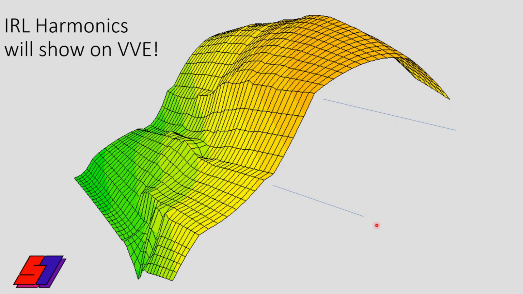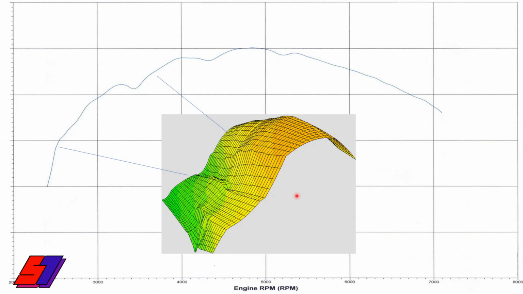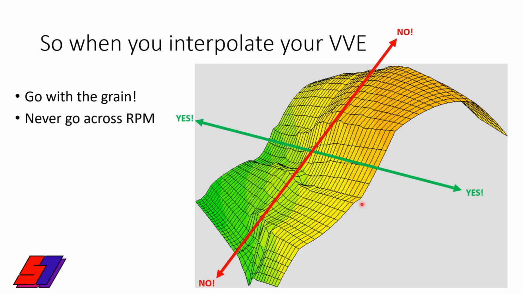A lot of people will say, "Oh, your VE should be totally smooth," and I don't know that I necessarily agree with that. In this case, I don't see these other ripples necessarily up here so much, but these at these RPM show up precisely right on there.